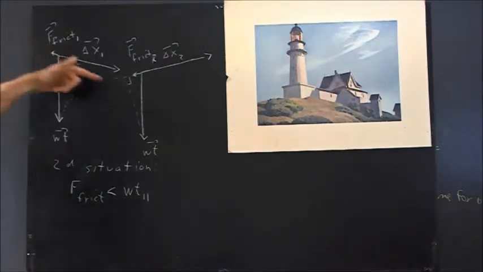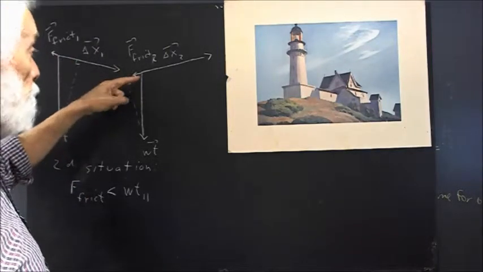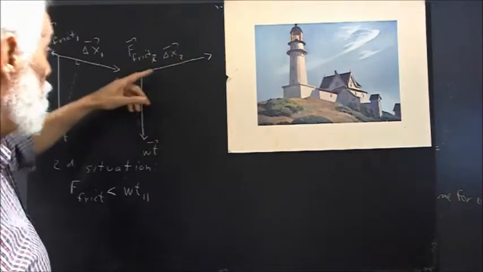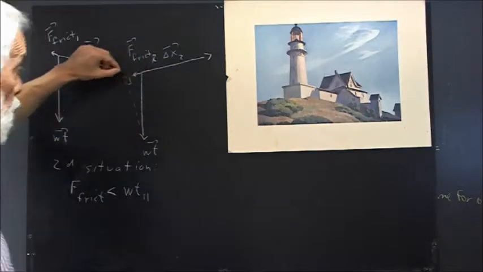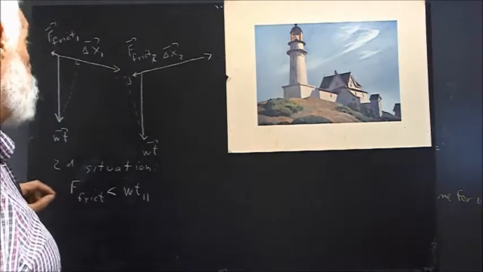And of course, the weight parallel vector is in the opposite direction. But since we're just talking about magnitudes, this will allow the ball to roll with an increasing velocity down the first ramp. Then, of course, when it gets onto the second ramp, it's going to have a decreasing velocity, both because the parallel component of the weight vector is back this way and the frictional vector is back this way.